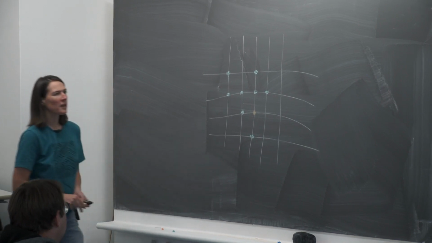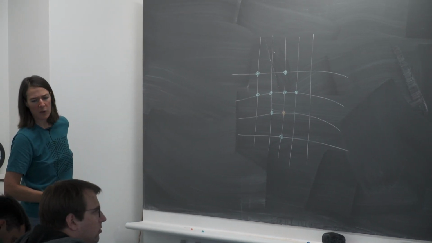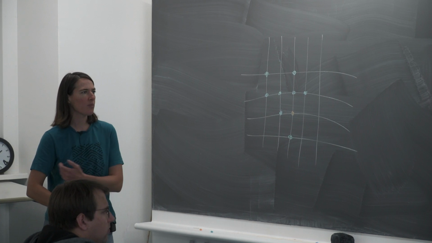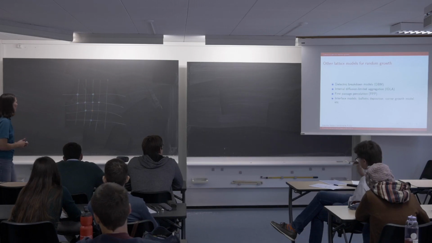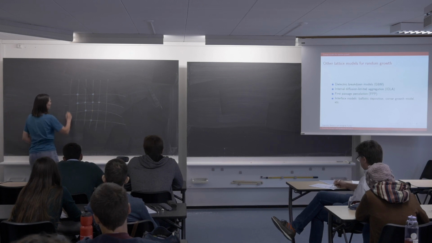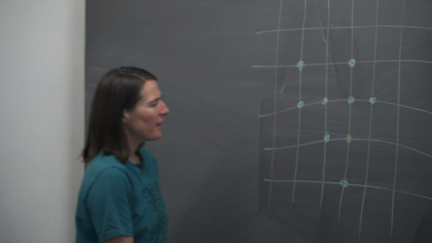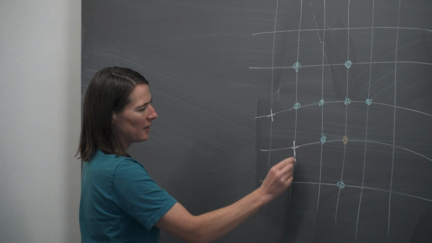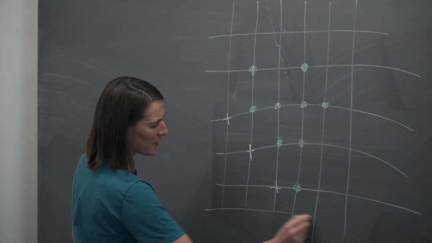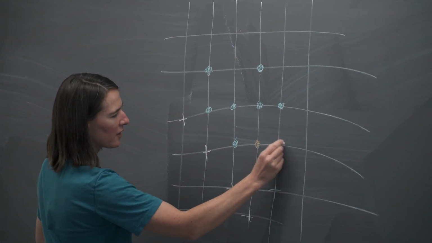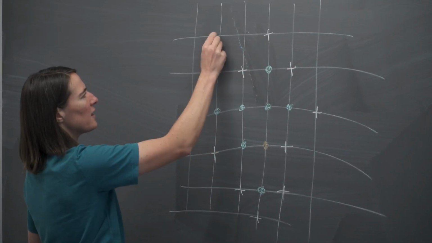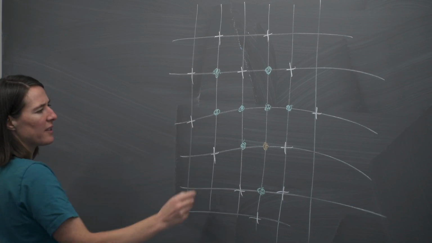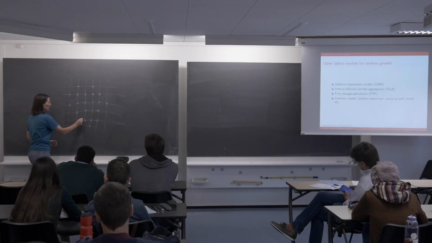So the first model is dielectric breakdown. Well, it's a whole family of models called dielectric breakdown models. And these are meant to represent lightning strikes. So what you do with dielectric breakdown is we look at all of the possible neighbors that we could land on. And we work out the hitting probabilities of a simple random walk on these points.